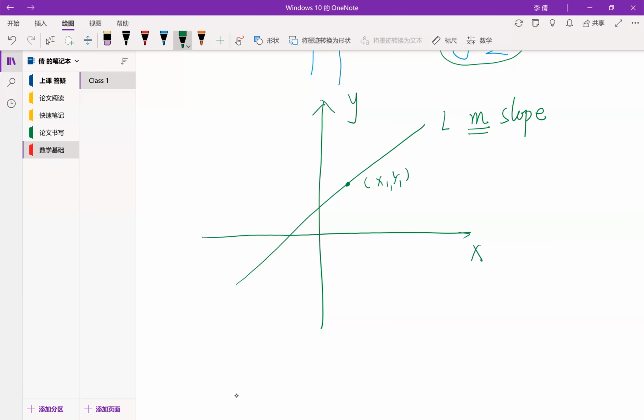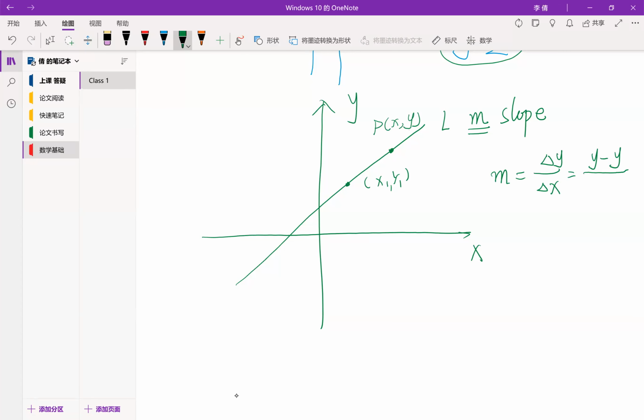We use the definition of the slope of this line: the slope m is equal to delta y over delta x, right? And if there is a point P, and the ordered pair of this point P is (x, y), then we can compute delta y equal to y minus y sub 1, right?